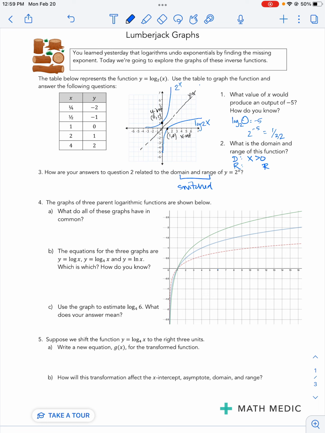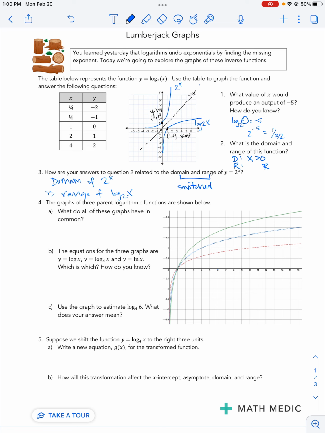We talked about that just a minute ago: they're inverses of each other, so all of the x and y values are going to switch. So the domain of 2 to the x is the range of log base 2 x.